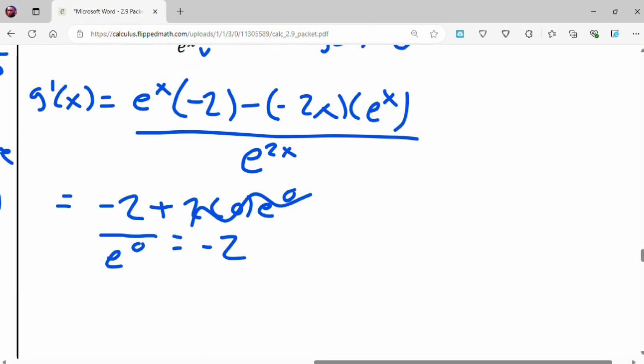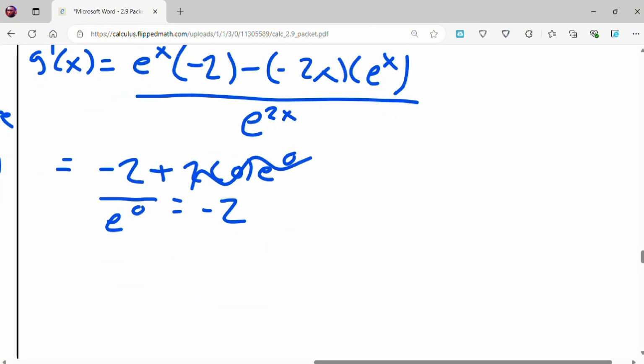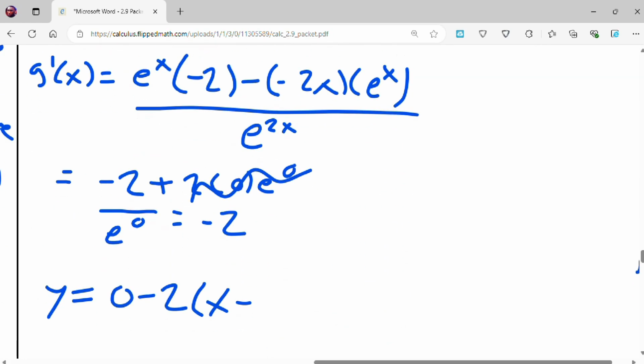We squiggled that out because 0 times anything is 0, so we just get left with negative 2 over 1. So now we can write our equation of the tangent line. So y equals y1 plus our slope times x minus x1, and our x1 is 0. So another form is y equals negative 2x.